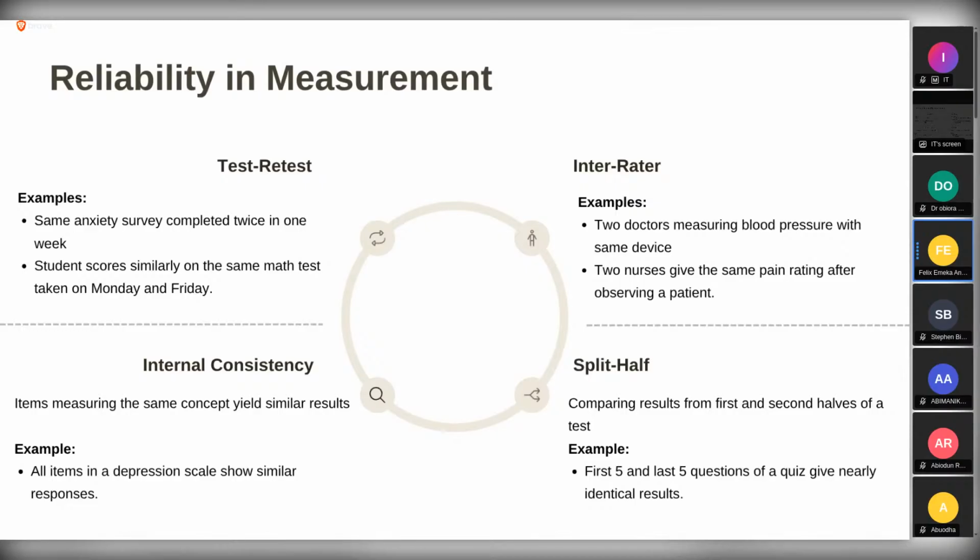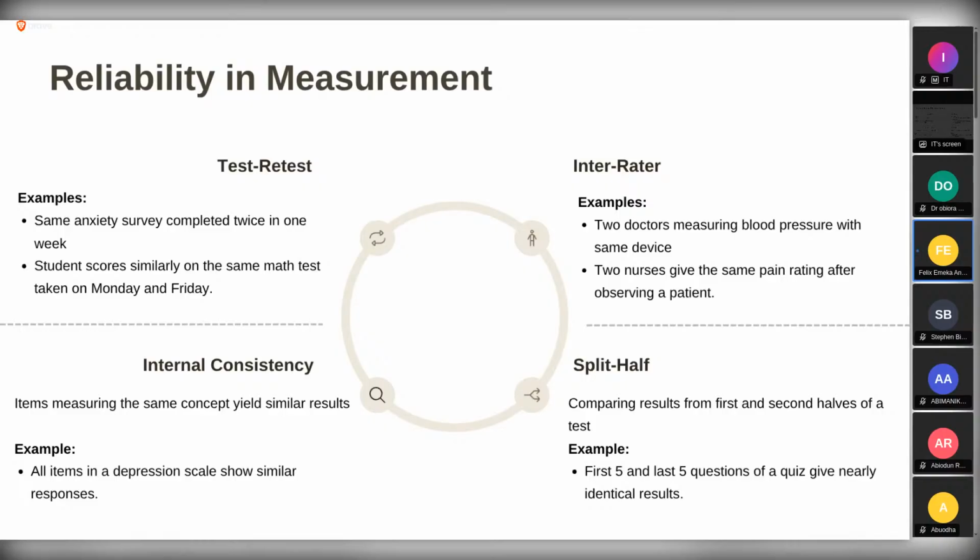There's another one they call the inter-rater. For that one, you have different people with the same profession use the tool. Most times they use it for equipment like blood pressure equipment, stethoscope, thermometer, and the rest of them.